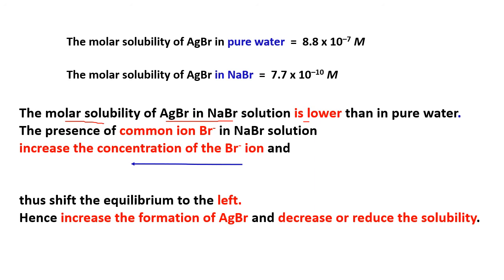Because the presence of the common ion Br- in sodium bromide solution increases the concentration of the bromide ion, and more bromide ion will react with the silver. Thus, the equilibrium will shift to the left. Hence, it increases the formation of silver bromide and reduces the solubility.